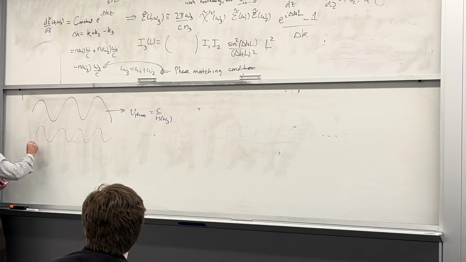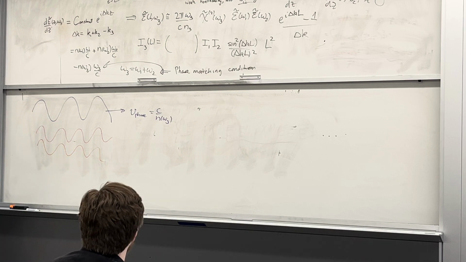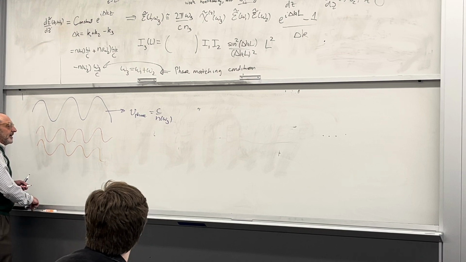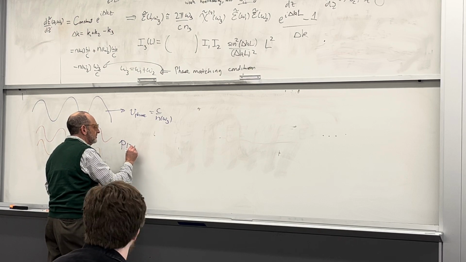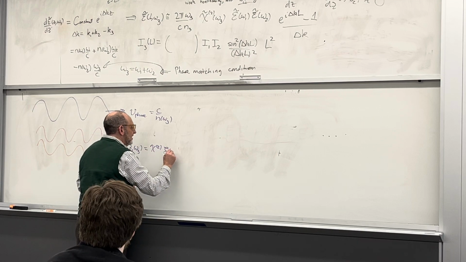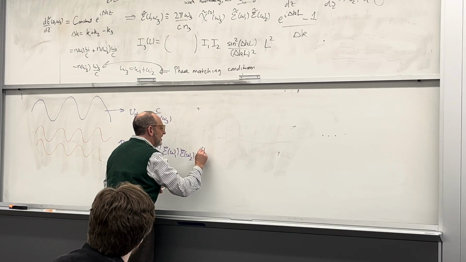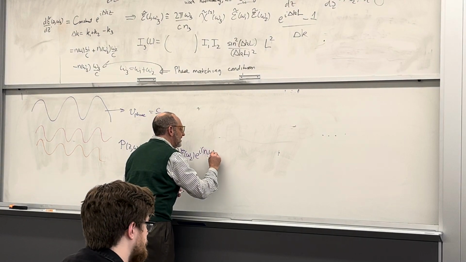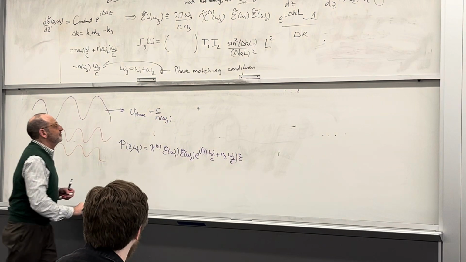I have these two waves that are here, and they are generating a polarization density that's propagating like that.